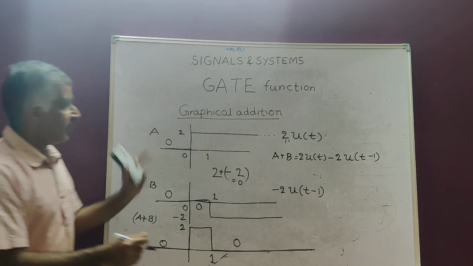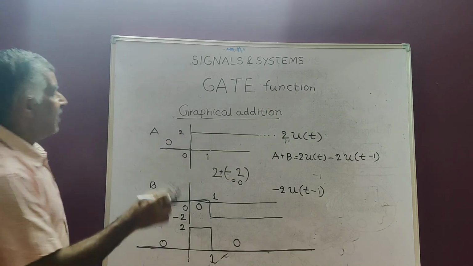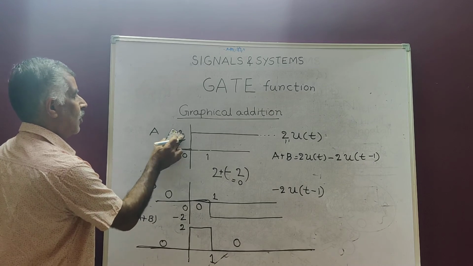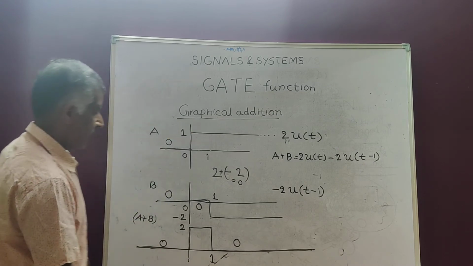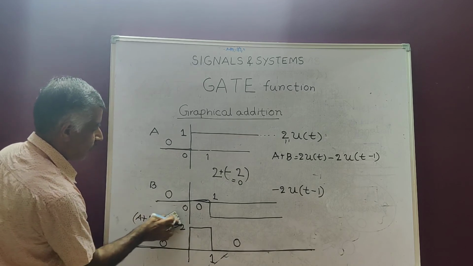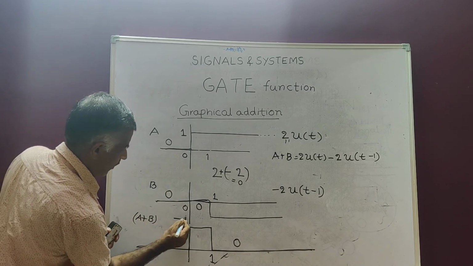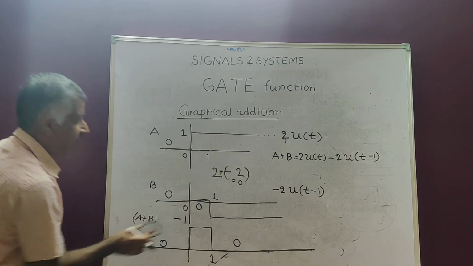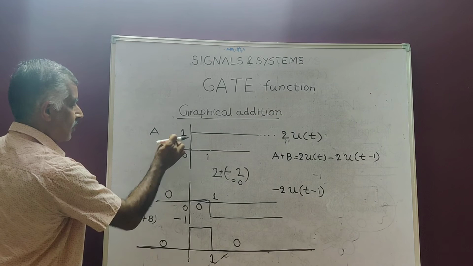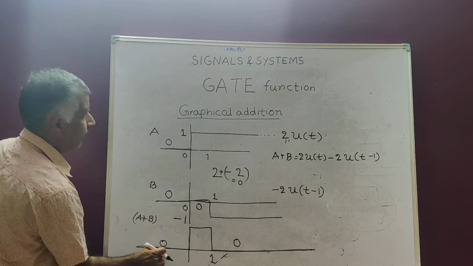Now I will take the same example and change the numerical values. I will make this one 1, and I will make this also minus 1. So what is the graph then? For t less than 0, it is 0 plus 0, which is 0.